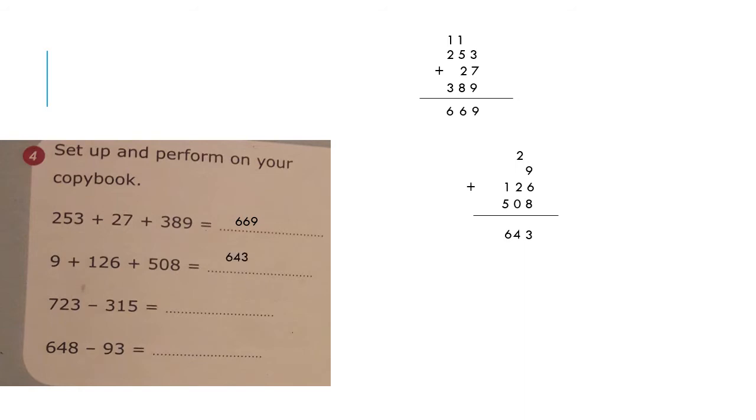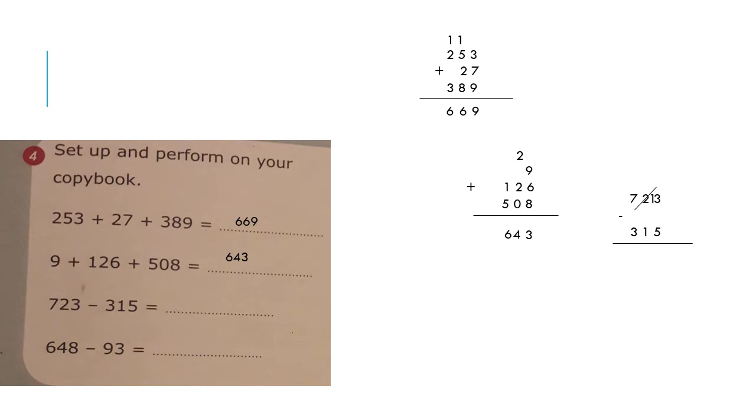So it's 643. Now I have subtraction. 723 minus 315. I set up. 3 minus 5, I cannot do it because 3 is smaller than 5. So I cross 2, replace it by 1 and give 1 to 3, 13. 13 minus 5, okay.